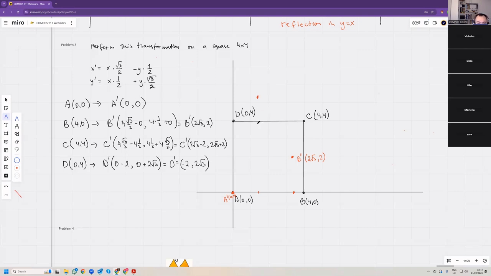Does that make sense? Not really. No, it has to. Okay, C dash. And D dash is minus 2, and 2 root 3. So 2 root 3 is 3.4.